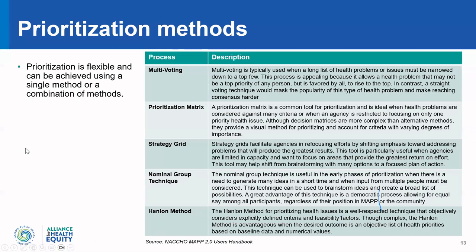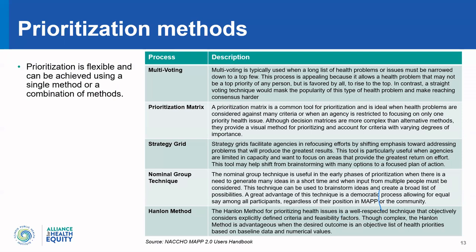So the prioritization methods can be used at a couple of different points. You can use prioritization techniques to identify your health priorities that you want to address. This would be in the process of developing issue statements, looking at all the data: where do we need to prioritize our work? Because there are over 150 different indicators in our report, across probably 50 different health issues.